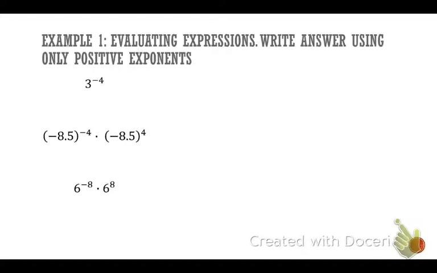Okay, so 3 to the negative fourth power. I cannot evaluate this. It has a negative exponent. So before I can evaluate, now you're actually solving these, guys. Before I can do that, I must make my exponent positive.